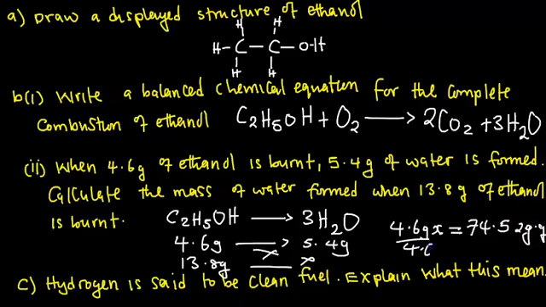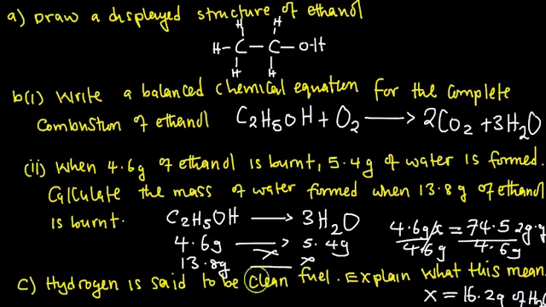So here 4.6 gram divided by 4.6 gram, x is going to give us 16.2 gram of H2O will be produced. So that is how we work this one out.